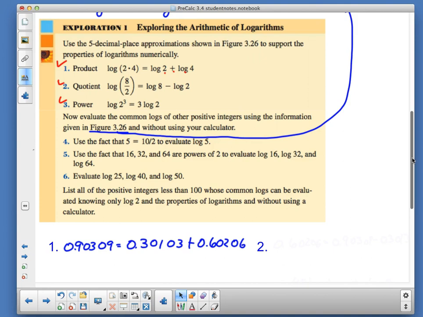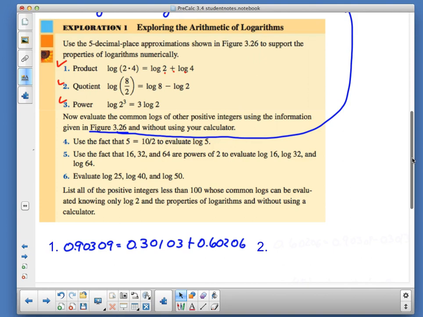And since 2 times 4 is 8, which is 2 cubed, 3 times the log of 2 should be the log of 2 cubed, and it works. So it's a neat connection to be able to see, that's the connection with our logs, and it's all about exponents and how we deal with exponents with exponential functions.